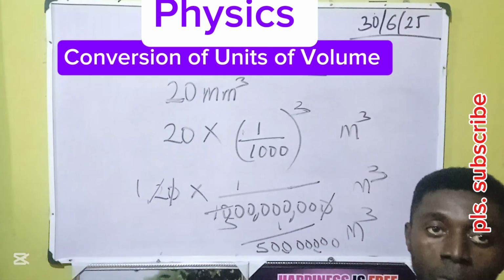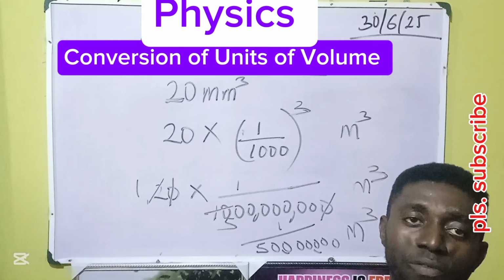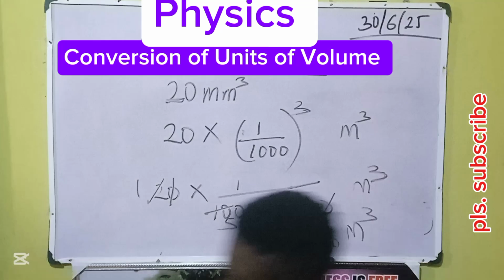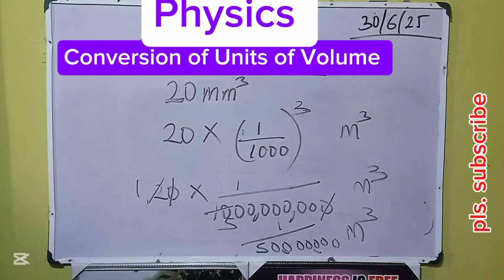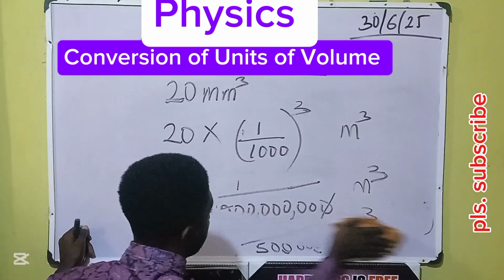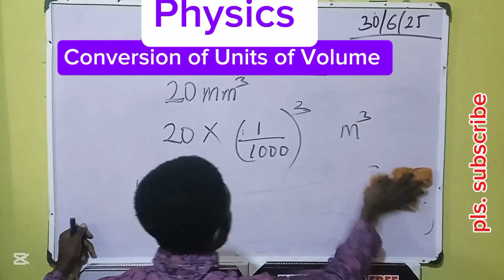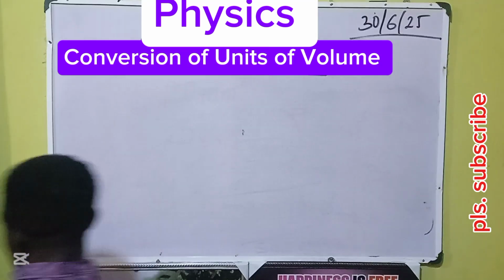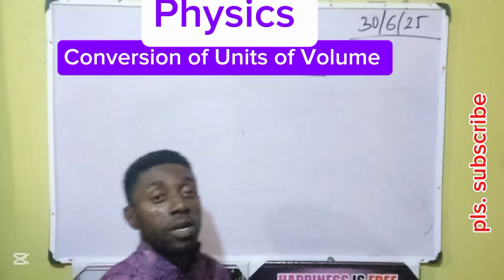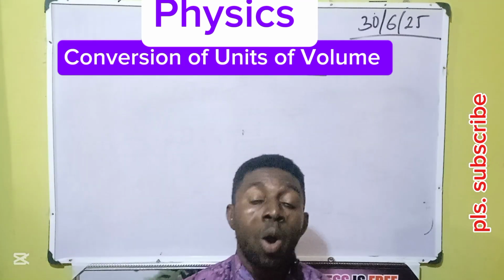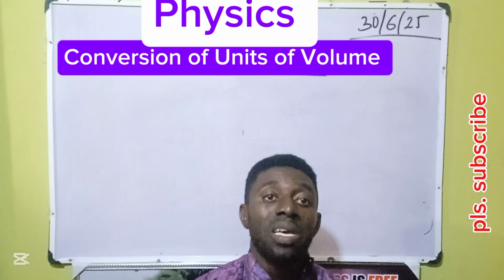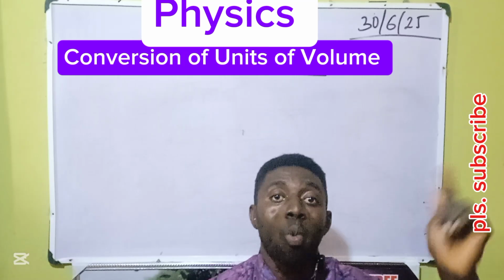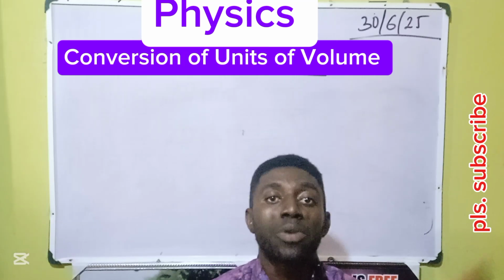Okay. Then let's try another unit of conversion. Centimeter cube. Just like I said earlier, 1 decimeter cube is the same as 1 liter. 1 liter again is also the same as 1,000 cm cube.